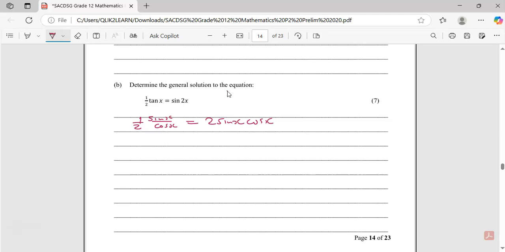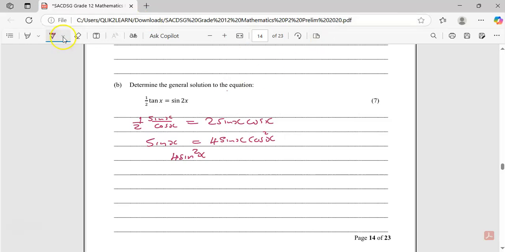We can multiply everything with 2 cos x, so that this side we are left with sine x is equal to 4 sine x cos squared x.